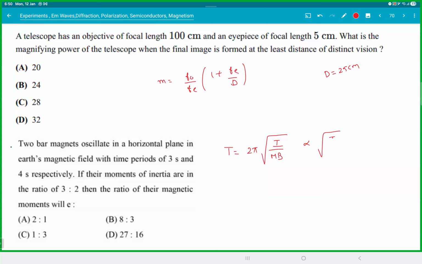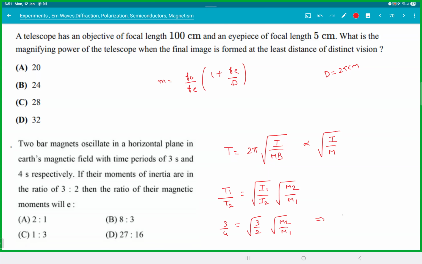So T is proportional to root over I by M. So T1 by T2 is root over I1 by I2 into root over M2 by M1. T1 by T2 is 3:4, I1 by I2 is 3 by 2. Then you get M2 by M1.